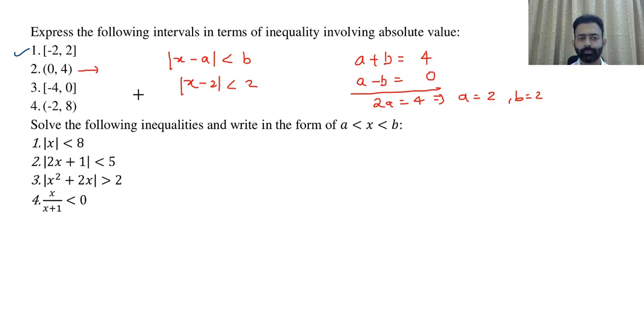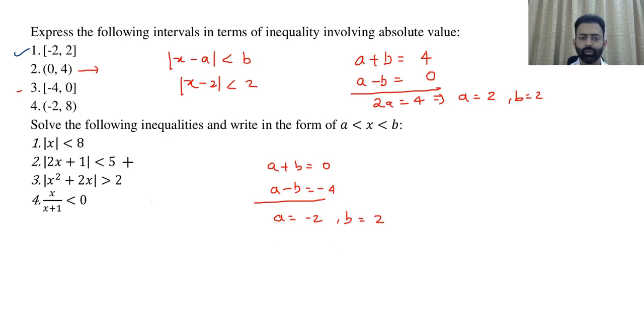In the third case, you can see that a plus b is 0 and a minus b is minus 4. So here a is minus 2 and b is 2.